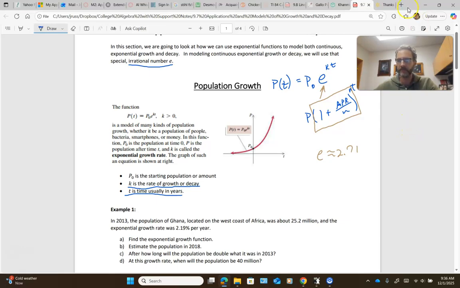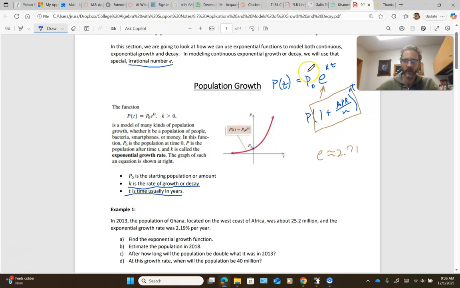And that's what we're going to be doing today. So that's where this e comes from. So this is really that financial formula for compound interest, just when the compounding rate is continuous.